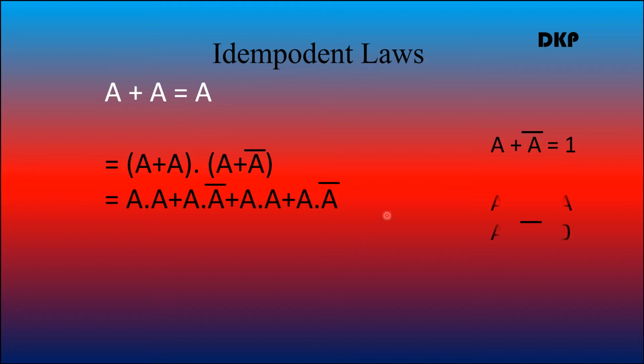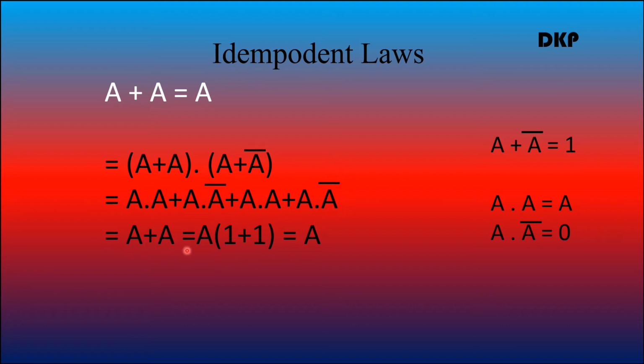A into a bar is equal to 0. A into a bar is equal to 0 and a into a is equal to a. So we can reduce that expression into a plus a. That is, a into a is a plus, a dot a bar is 0.